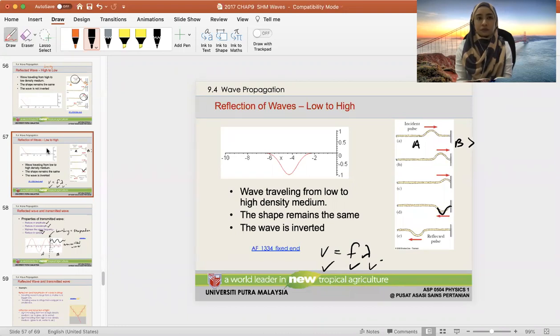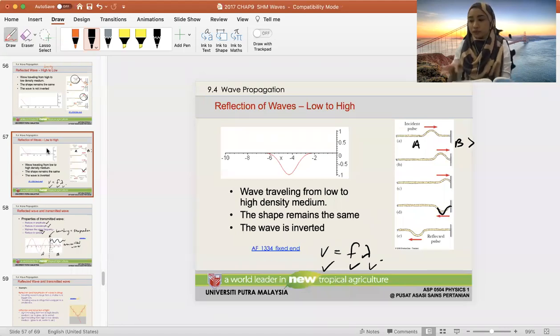Means dia akan berkurang setengah ataupun suku, bergantung pada faktor, maybe friction, maybe rintangan angin. Betul. Dia akan berkurang ikut friction.